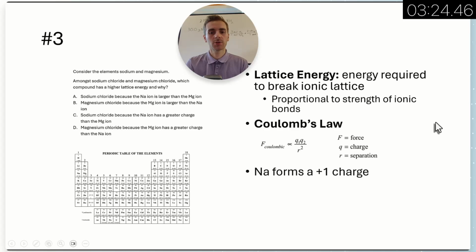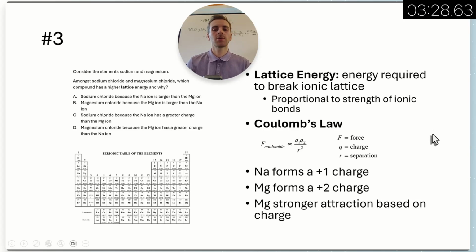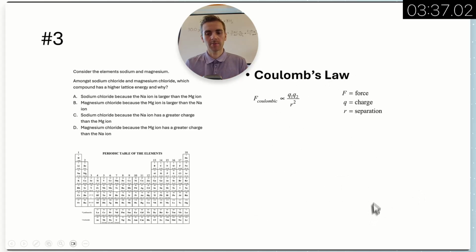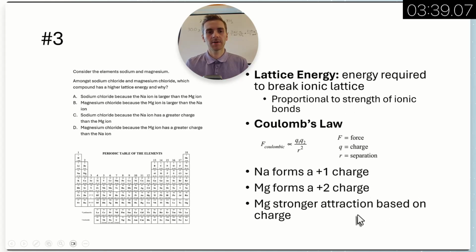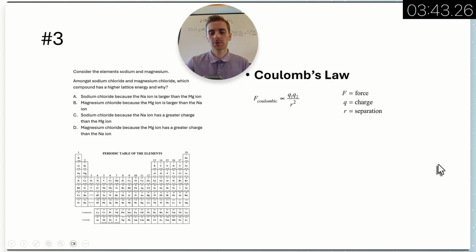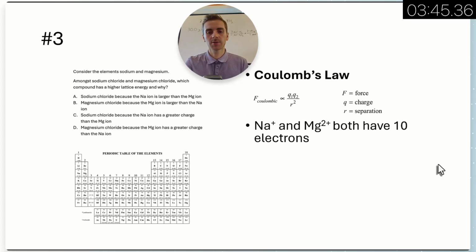So if we consider their charges, sodium forms a +1 charge, magnesium forms a +2 charge. So magnesium has the greater amount of charge. That would suggest that magnesium would have the stronger attraction and the higher lattice energy. Now, if we compare the size of the ions, we have to consider how many protons and electrons they both have. The ions both have the same number of electrons.